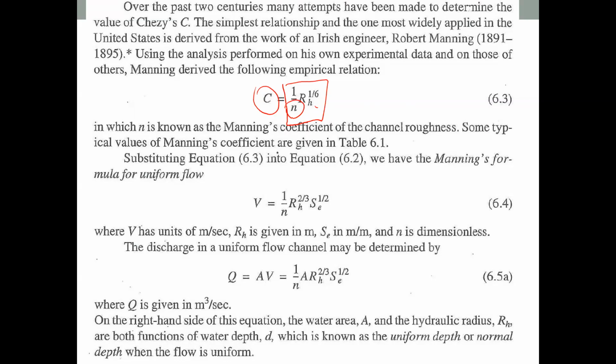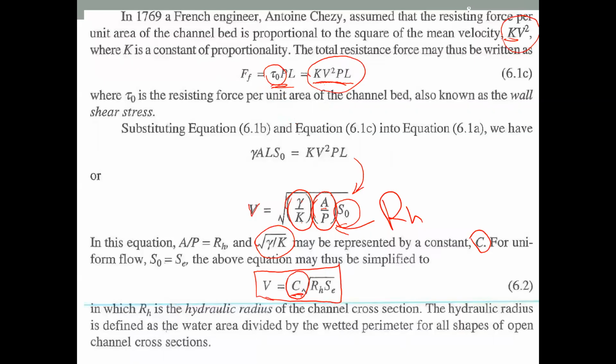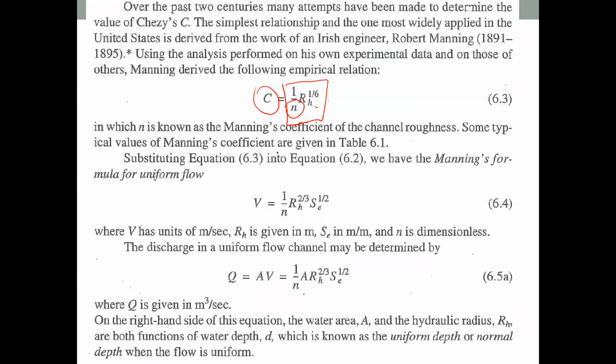Now we substitute this C into this equation and we get an equation for the average velocity. So this is called the Manning equation. In fact, it is known as the Chezy-Manning equation. The reason is that Chezy is the one who developed it first. Then Manning further developed it in a way that it can be used for practical application.